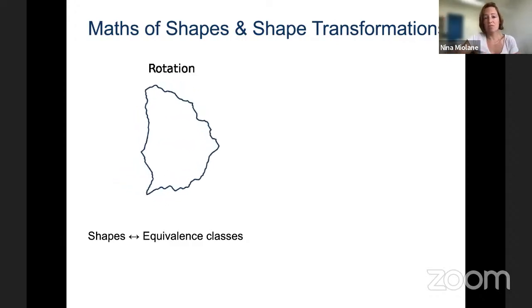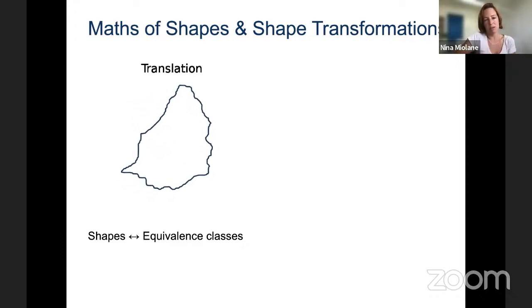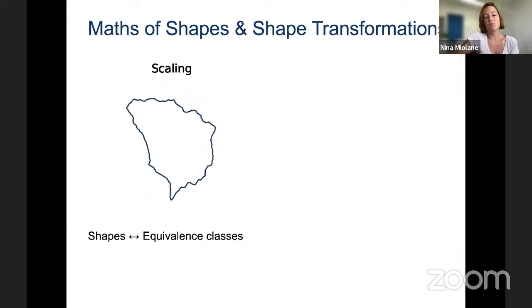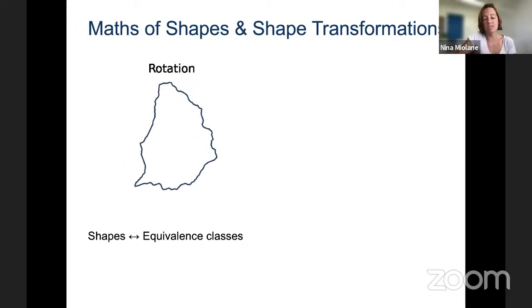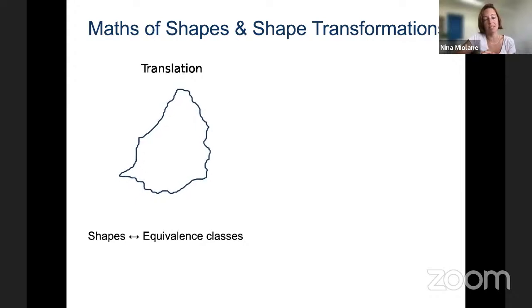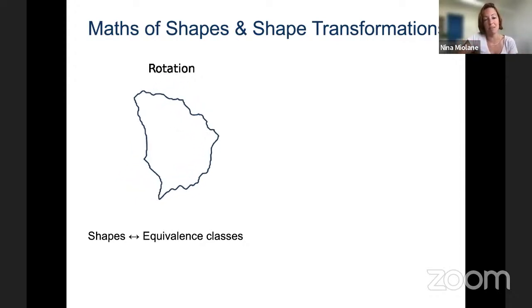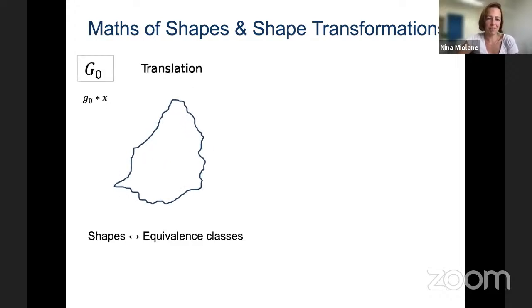So with this formulation, basically what we're saying is that a shape, from a mathematical perspective, is everything that remains invariant about this object when we have removed the effect of the translation, the rotation, and the scale. So that's a shape, that's an equivalence class, putting it in mathematical terms. So to introduce a few mathematical notations, basically what we're saying is that there is a group, G0, a group of transformations, the group of translations, rotations, and scaling, for example.